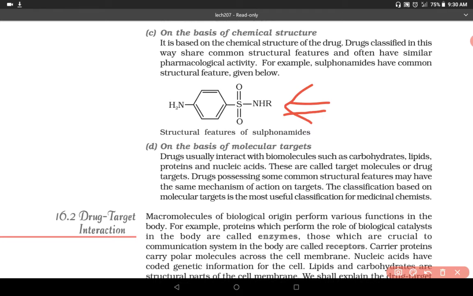This is the sulfonamide, with its structural features. Drugs classified in this way share common structural features and often have similar pharmacological activity.